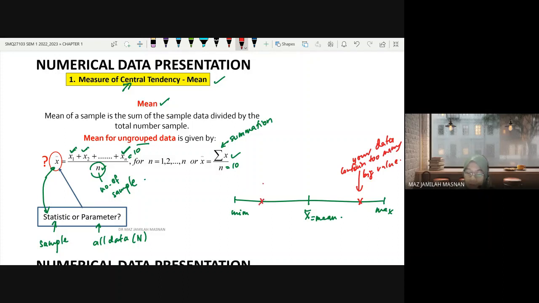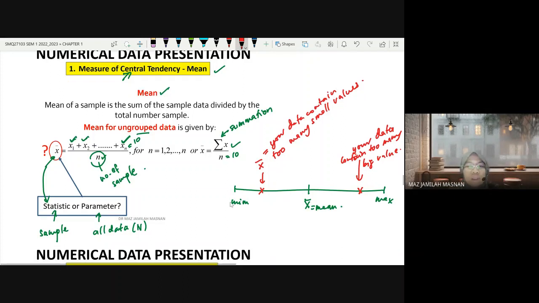So here, if your X bar is located here, it means that your data contain too many small values. So that will be the difference in how your X bar can shift to the left or to the right based on the values inside your data set.